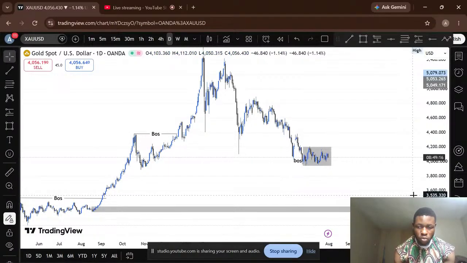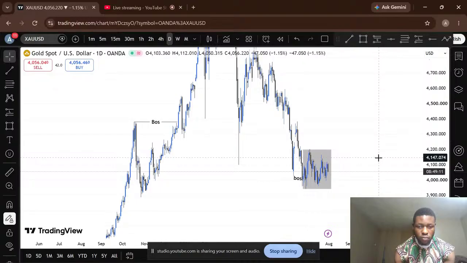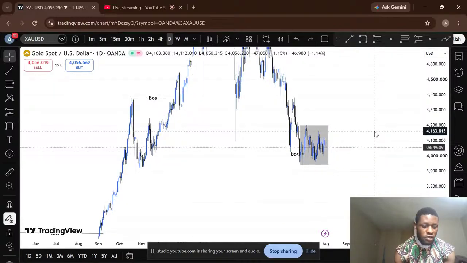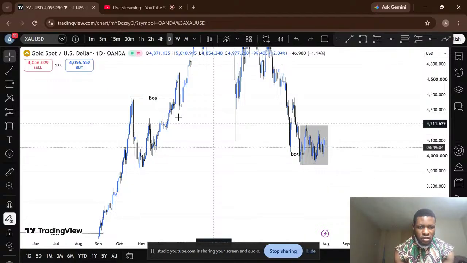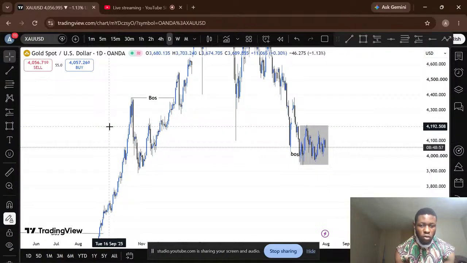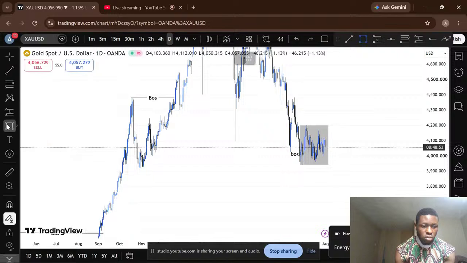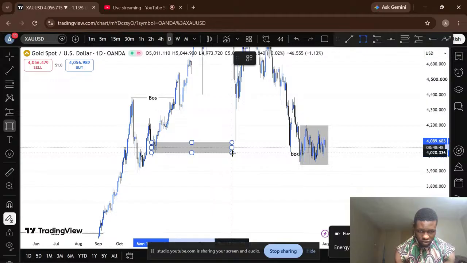So in the course of this higher high, higher low, we all know for SMC traders, that's smart money traders, that if there is a break above the recent high, where you wait for price to come back is at a demand zone or point of interest.